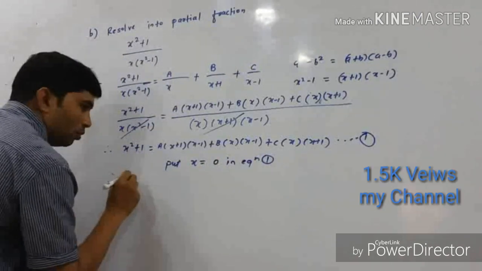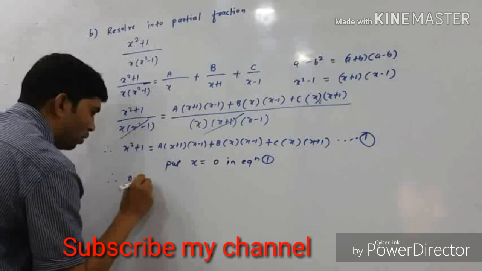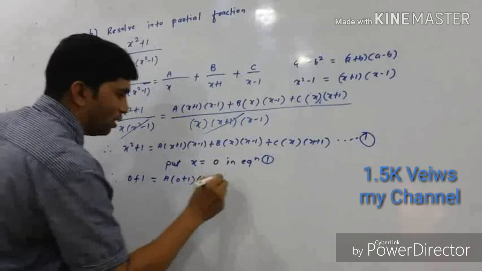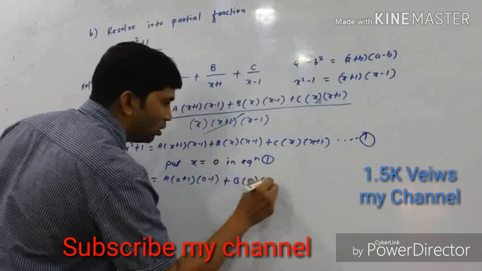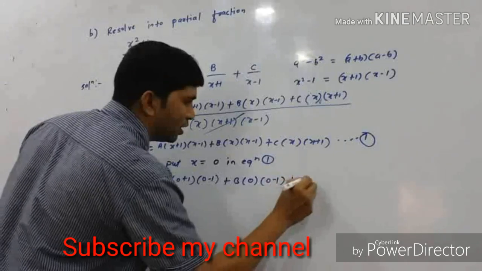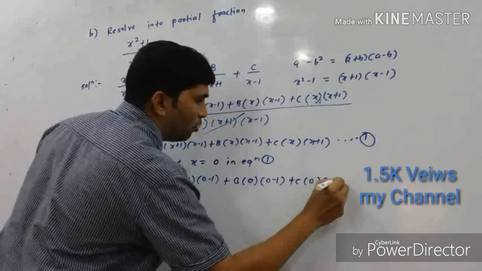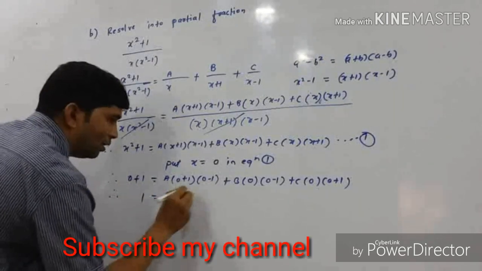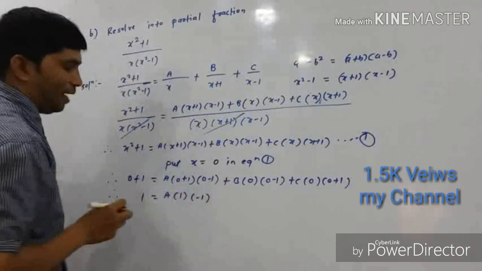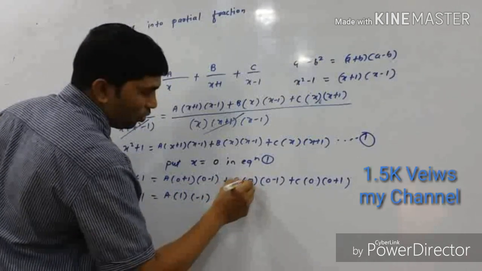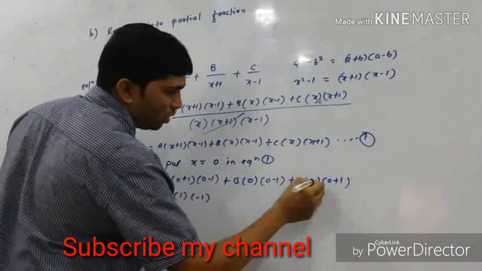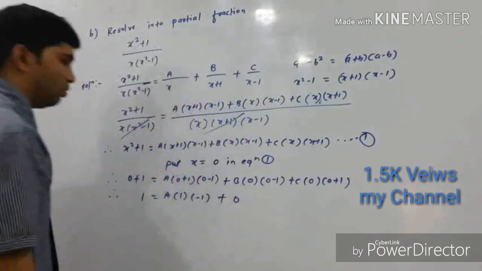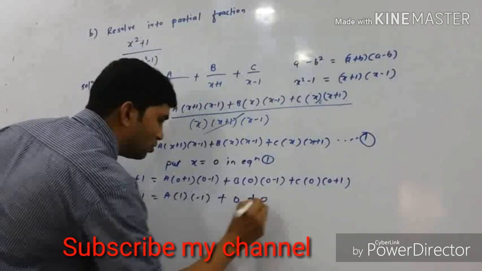So 0 square plus 1 is equal to A into 0 plus 1, 0 minus 1, plus B into 0, 0 minus 1, plus C into 0, 0 plus 1. Now see, 0 plus 1, 1, A into 1, and 0 minus 1, here we get minus 1, B is 0, then whole term is 0, C here also 0. So we can omit this by putting 0 and here also 0.